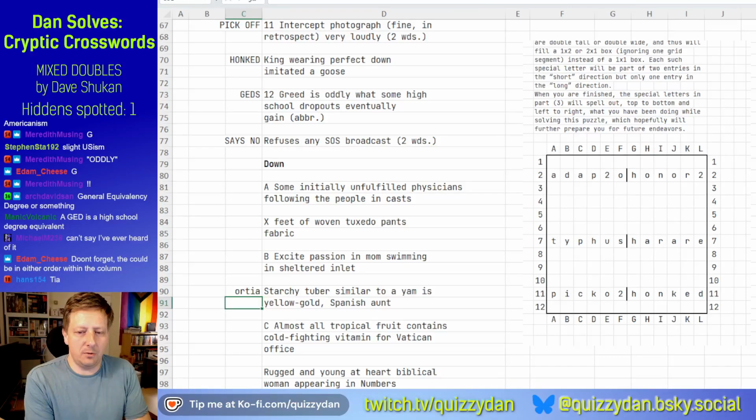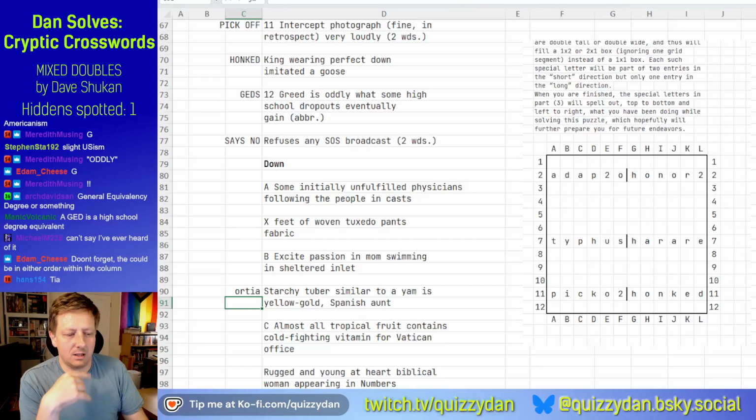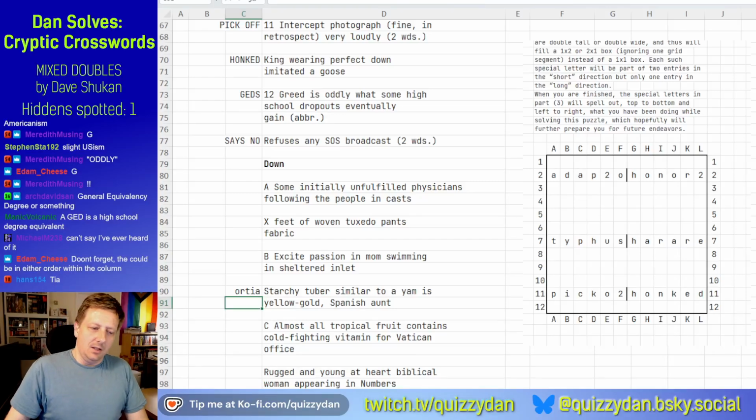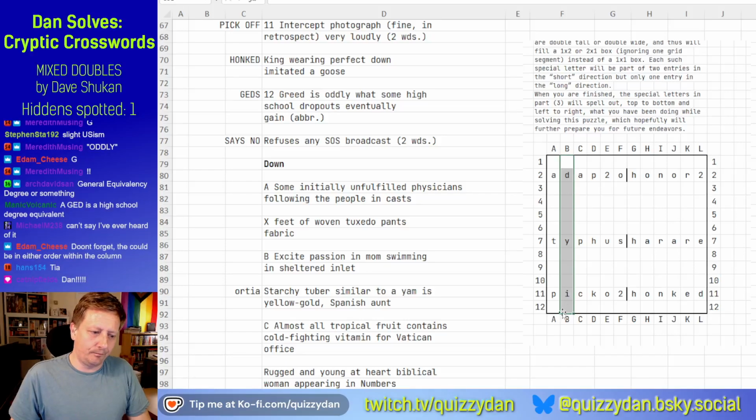Because starchy tuber, similar to a yam, that feels like a definition. So yellow gold. Spanish aunt. I mean, something like that. Oh dear, where am I looking? I'm looking in this column. Hey, Catnip.